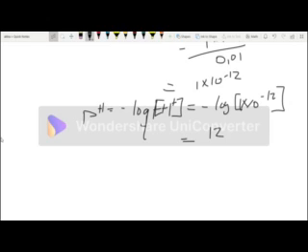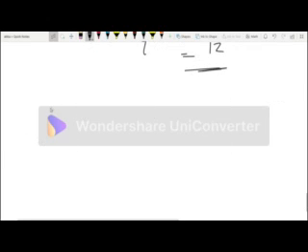Now find the negative log OH and subtract it from 14. So you're going to say negative log of that. So basically this is the solution. So you can take another route and try to solve it.